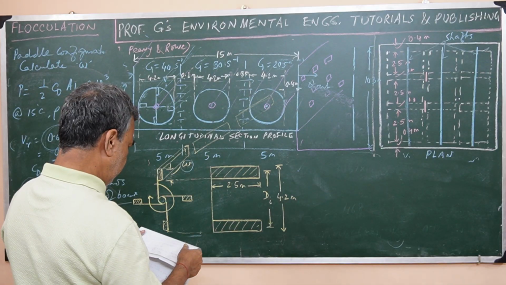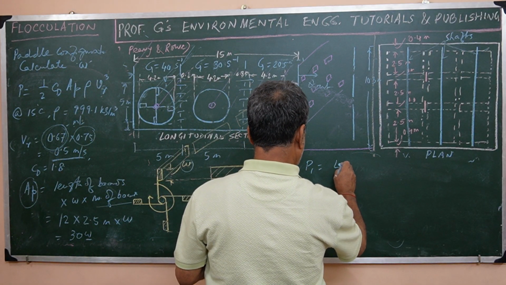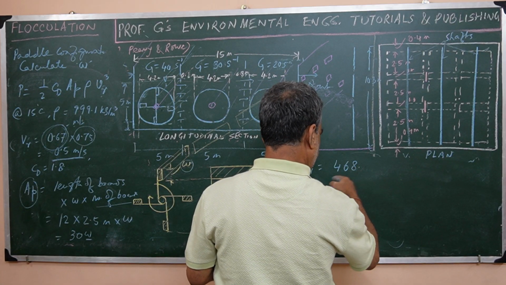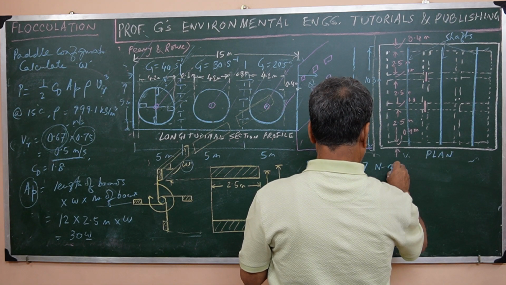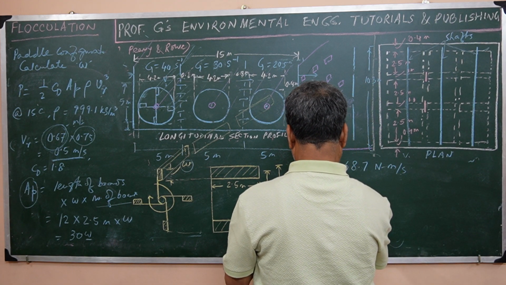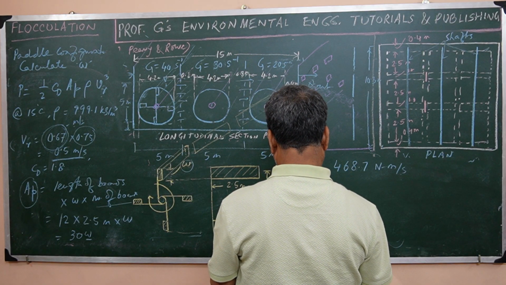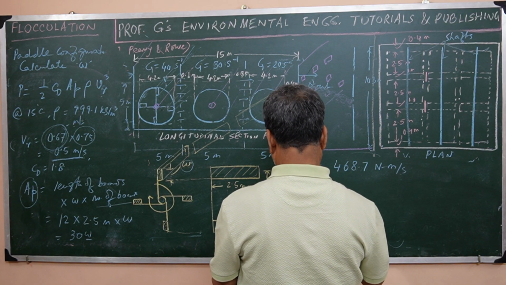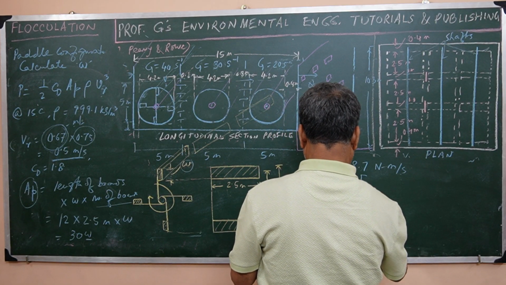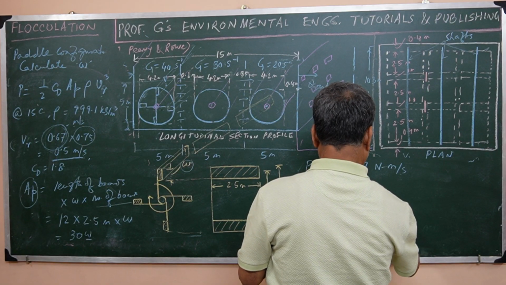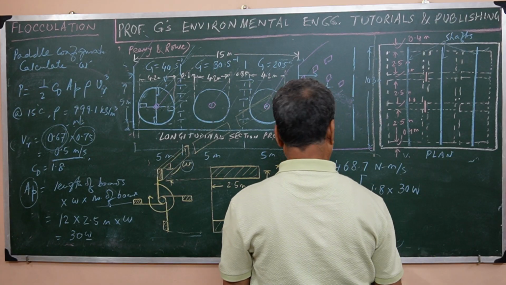Okay. Now P1 is already calculated, 468. Here we are writing in wattage, because ultimately this has to be in wattage, consistent with this equation also. So this would be, you see, half CD is 1.8 into 30 W, that is AP.